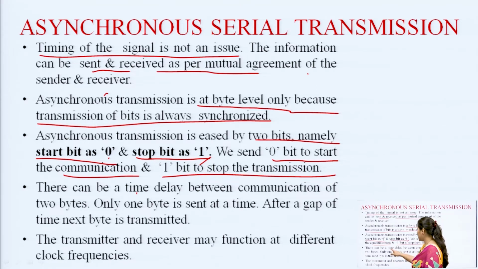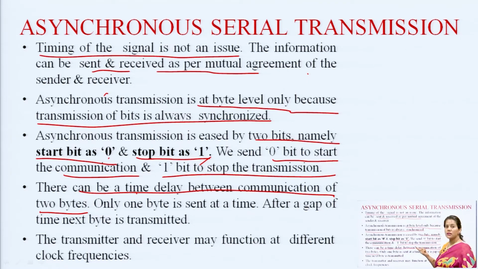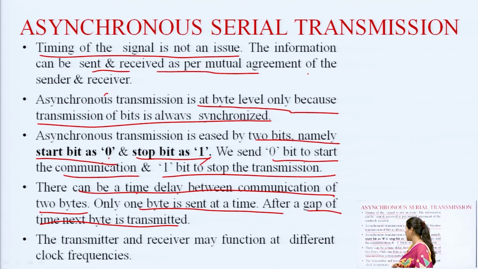There can be a time delay between the communication of 2 bytes, obviously. Since there is no common clock between the 2 terminals, only 1 byte is sent at a time. After a time gap, the next byte is transferred. In this way this problem is also controlled. What problem? The problem of having a time delay between the communication of 2 bytes.